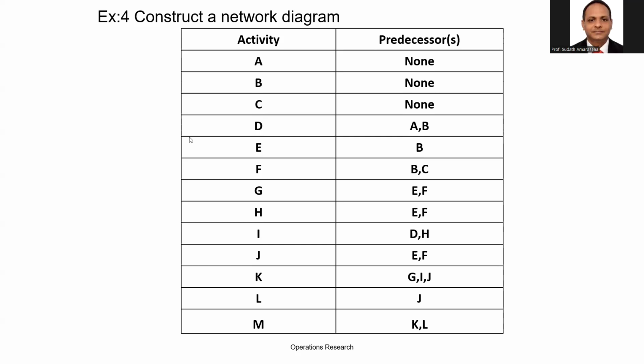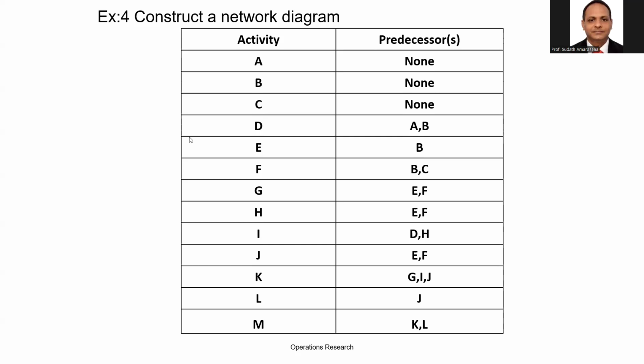Okay, anyway, I'll explain now, right? The next one you can do yourself. I'll use a whiteboard. A none, B none, C none. It's actually so easy.